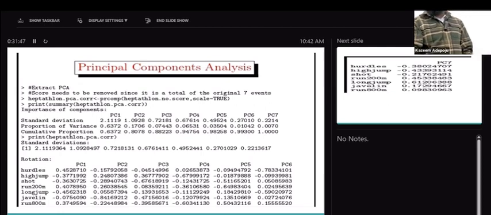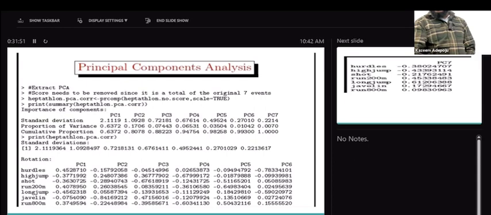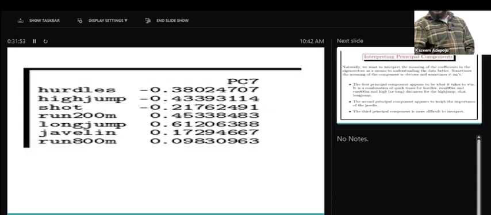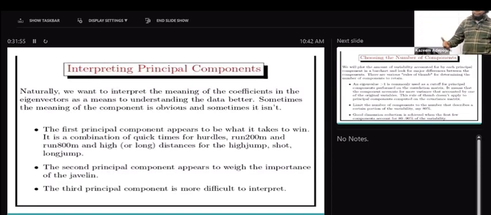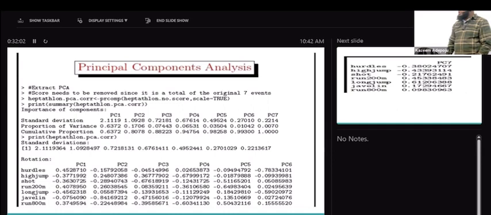The remaining up to PC7 is here, it's not missing. So we're choosing PC1 and PC2. I want us to focus now on the PC1 and the PC2 that we have chosen.